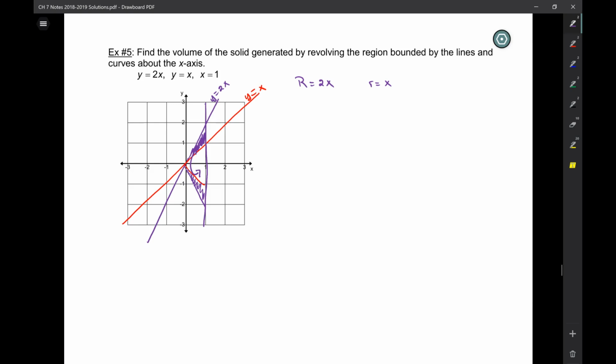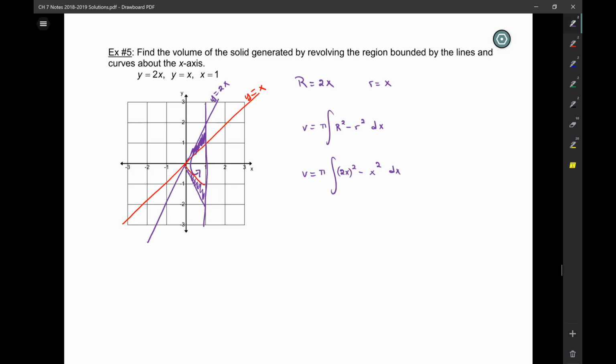And now when you have two functions, your volume is pi r squared minus r squared dx. So the volume is going to be pi, 2x quantity squared minus x squared dx. And now, are these bounds going to be values of x or y? I'm yelling because I'm excited, but is it going to be values of x or y?